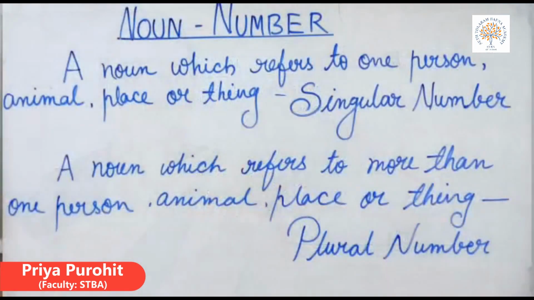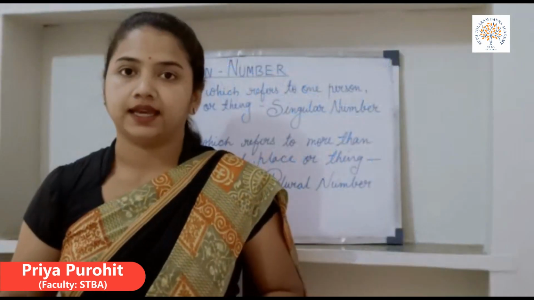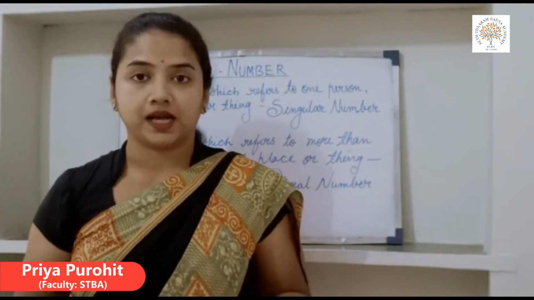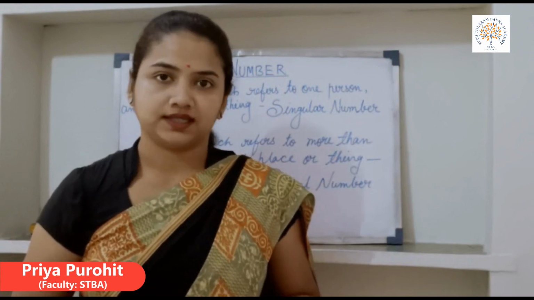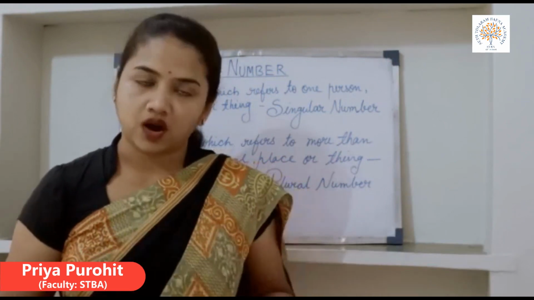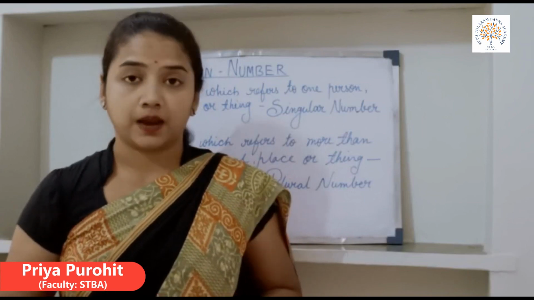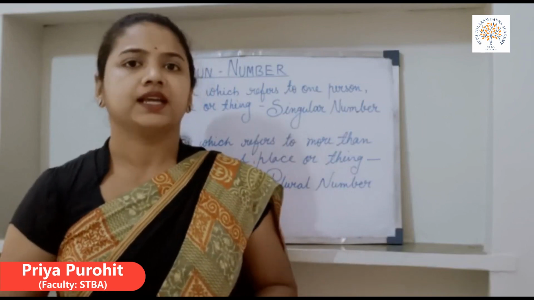A noun which refers to one person, animal, place, or thing is said to be in the singular number. Examples are boy, girl, cow, elephant, chair, table, country, park.